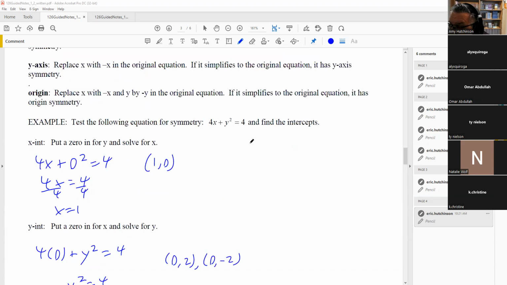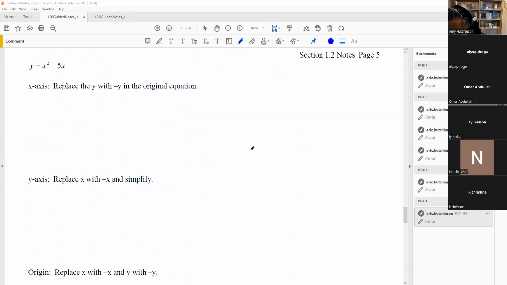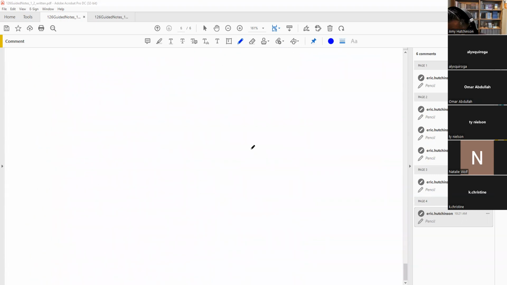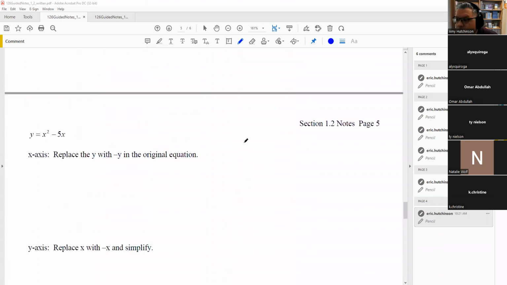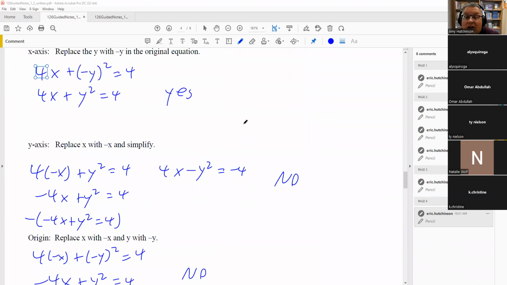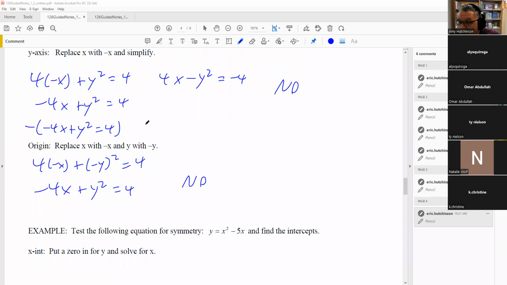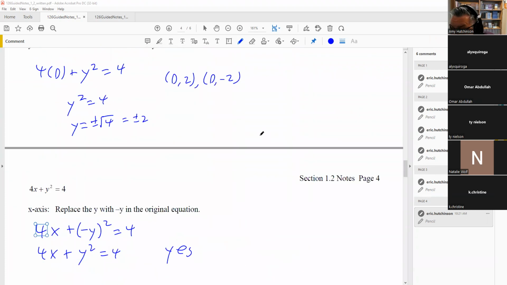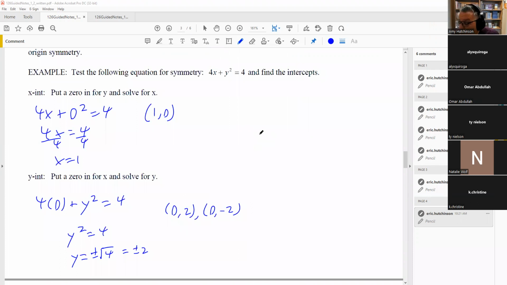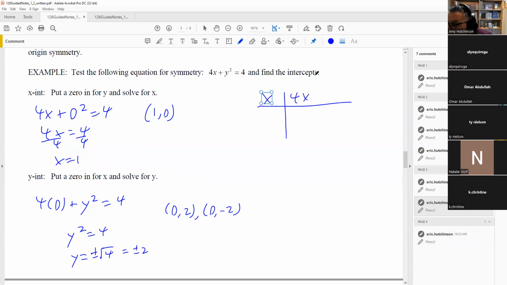Okay, so for graphing these, let me hold on a second. Do I have an example of that a little bit later? Probably what they want you to do is make a table of values for something like this. Since we're talking about that right now, I'll go ahead and do that for this one. Basically you're going to make an x and y table like that.